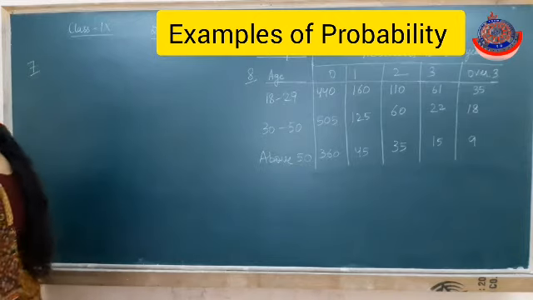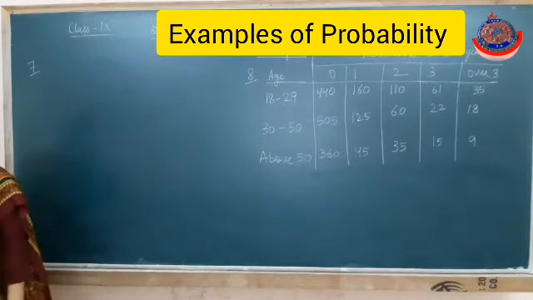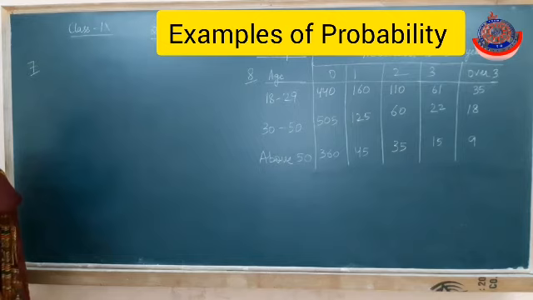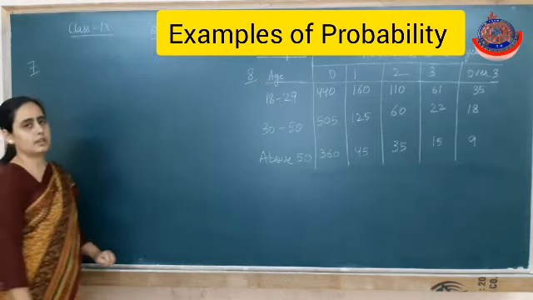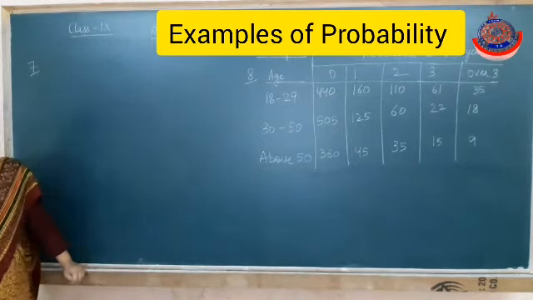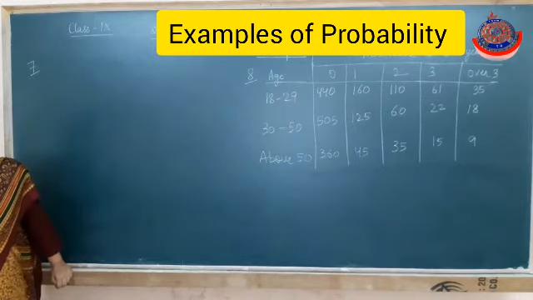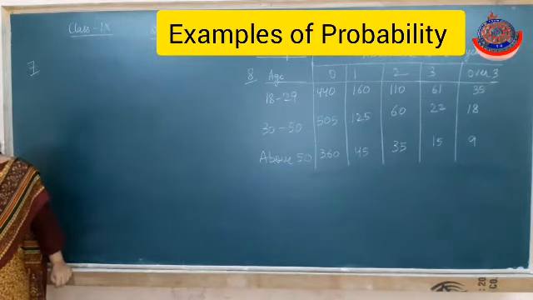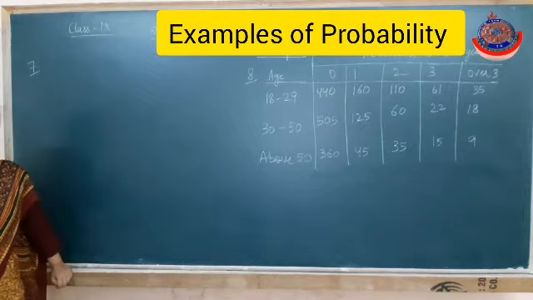The question says the percentage of marks obtained by a student in the monthly unit test. Now 5 unit tests are given and the percentage of a child is given to us. What is the thing which we have to find? Find the probability that the student gets more than 70% marks.